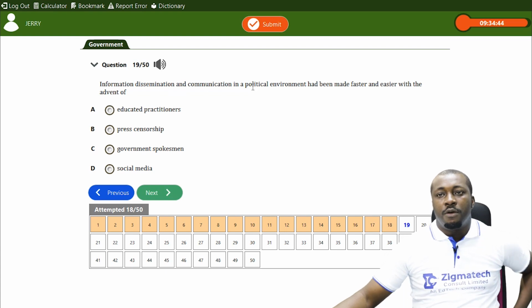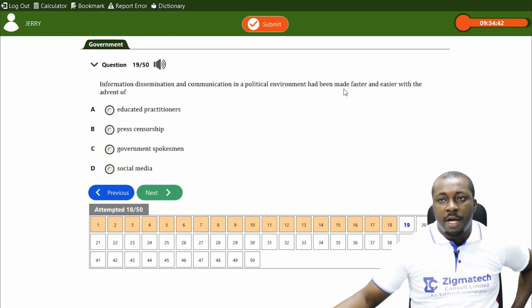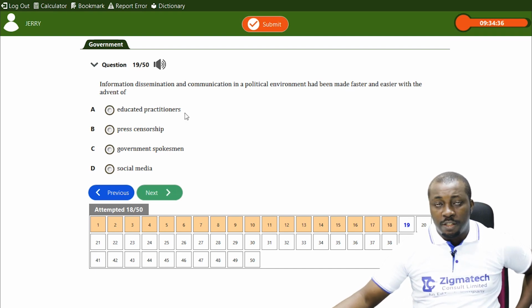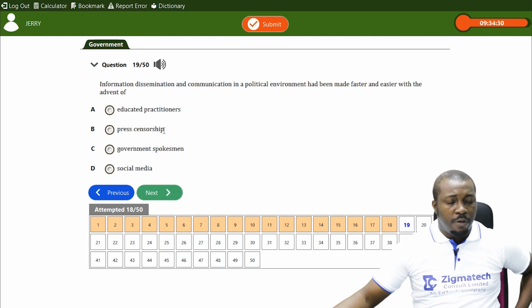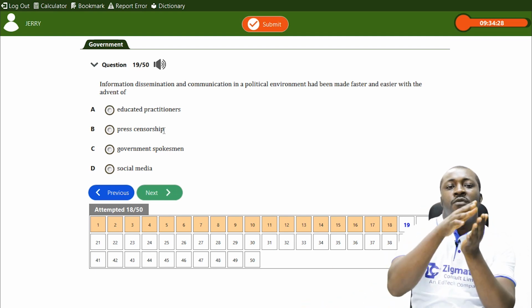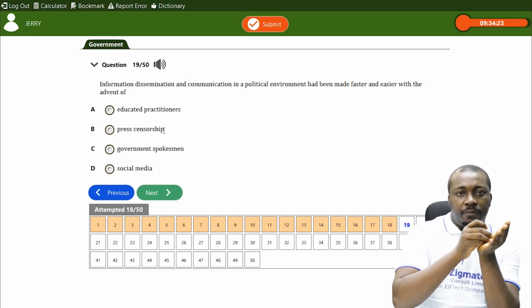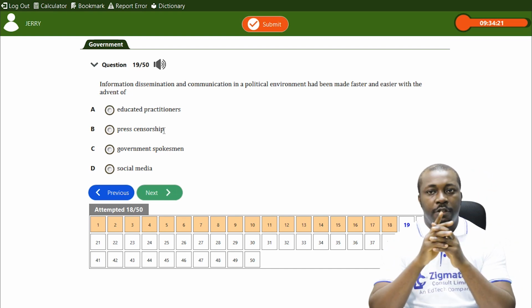Information dissemination and communication in a political environment had been made faster and easier with the advent of educated practitioners? No, they have been there even before this. Now, is it press censorship? Of course, when you censor the press, you limit the press. It cannot report everything it has observed.